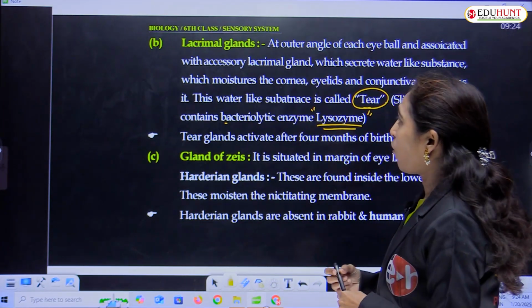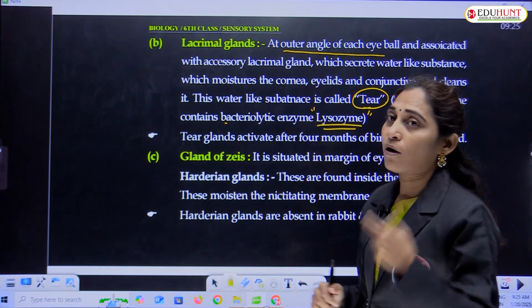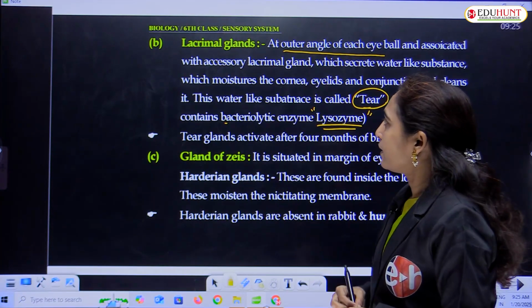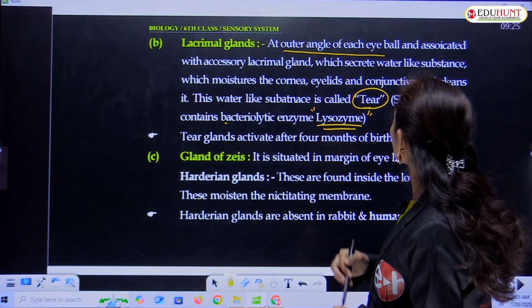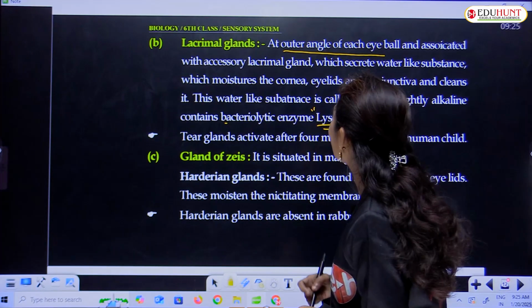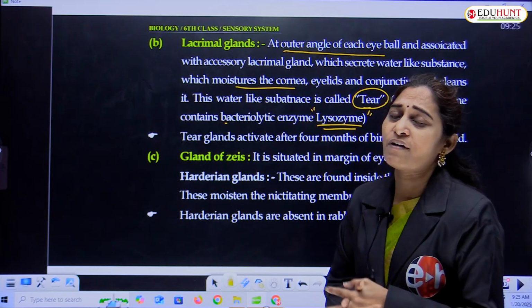And where are they present? At the outer angle of the eyeball, these are present, and they secrete water like substance, and it is alkaline in nature, moistens cornea, eyelids and conjunctiva.